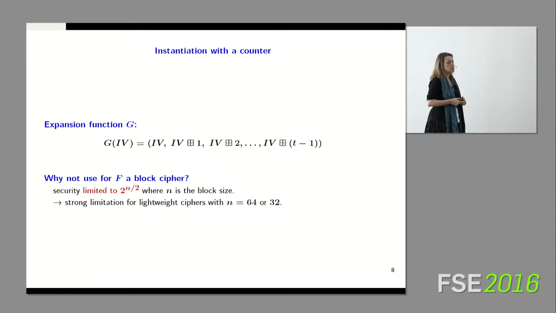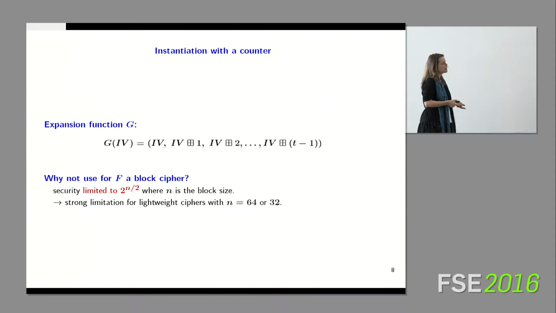And so the problem is that in our case, of course, we would like to use for f a lightweight block cipher in order to limit the multiplicative depth. And the problem is that most lightweight block ciphers operate on rather small blocks, like 64-bit or 32-bit blocks. And so this limitation, this birthday bound, limits the number of plaintext data encrypted under the same key.